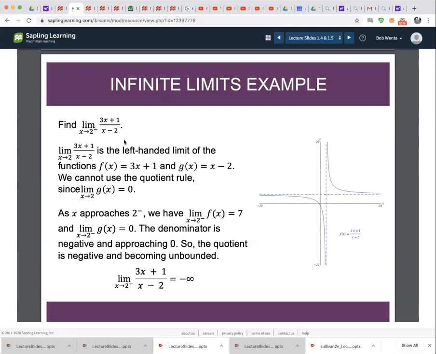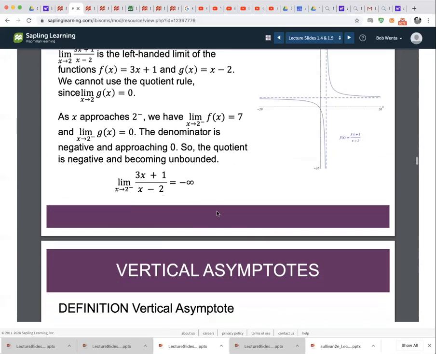And it's going to infinity, so it's going to negative infinity. That's the idea behind that, okay? So you've got to pay attention to which side it's coming in from. Left of 2, the answer is always negative on the bottom, and always positive on top. Negative on the bottom means the answer is going to be negative infinity.